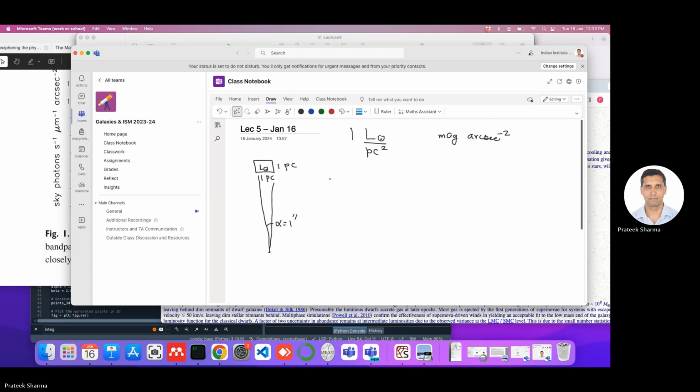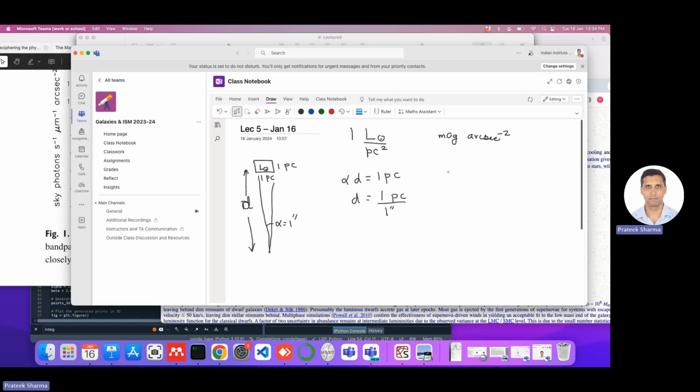So this distance, how much is this distance? Let's call it small d. So alpha times d is equal to 1 parsec, and alpha is 1 arcsecond, so d is equal to 1 parsec divided by 1 arcsecond.